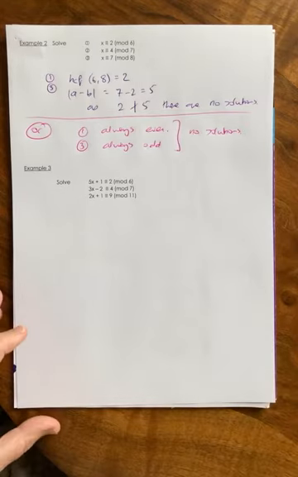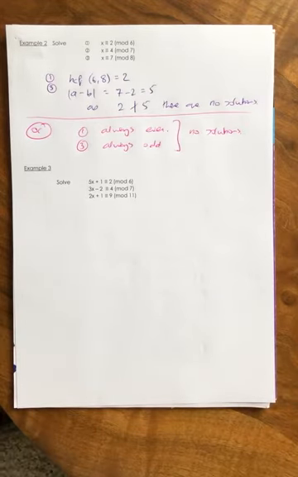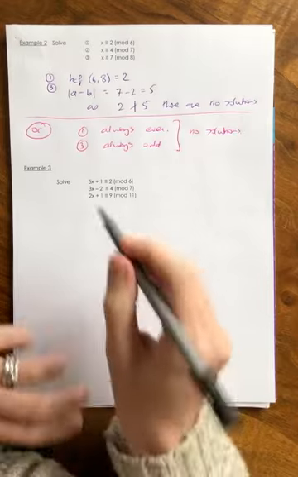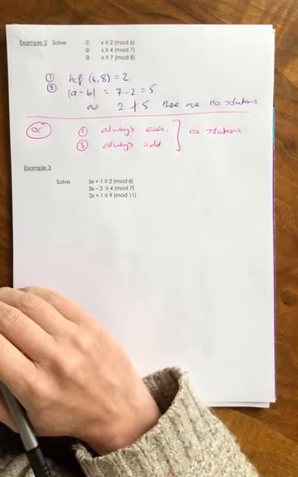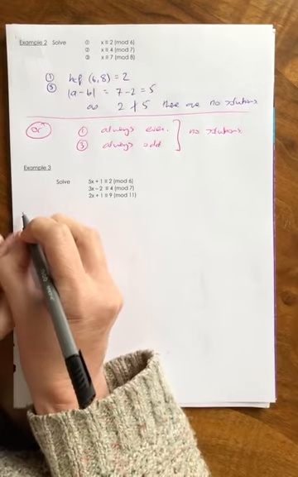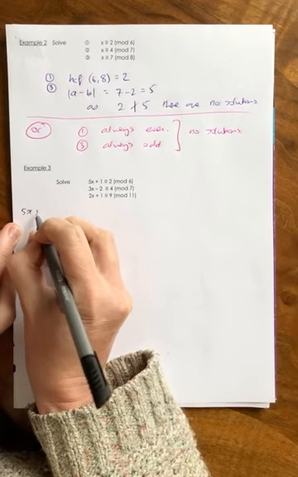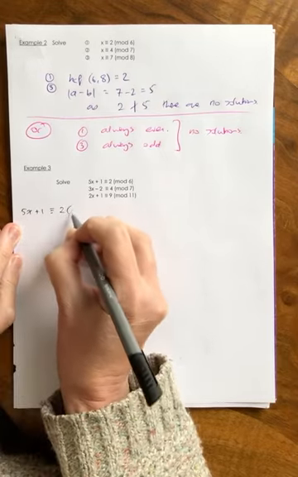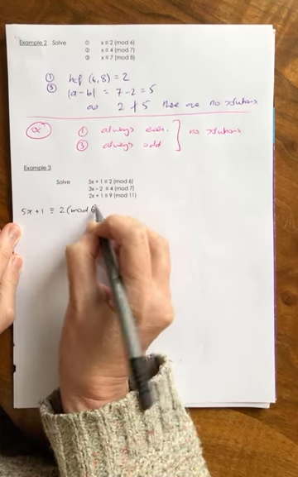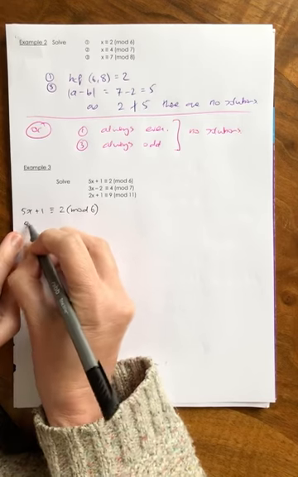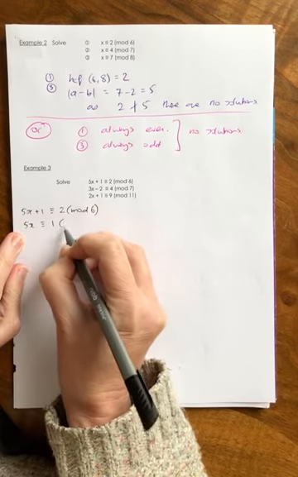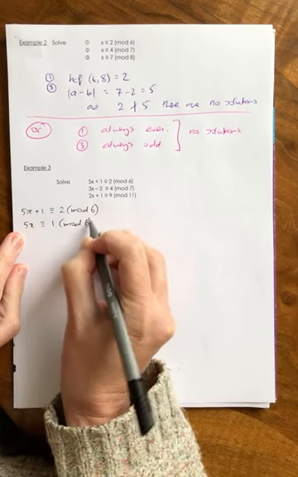Okay, so the last one. This one is a little bit more of a drag because we have to firstly solve each one. So 5x plus 1 is congruent to 0 mod 6. Subtract 1 from both sides. 5x is congruent to 1 mod 6.